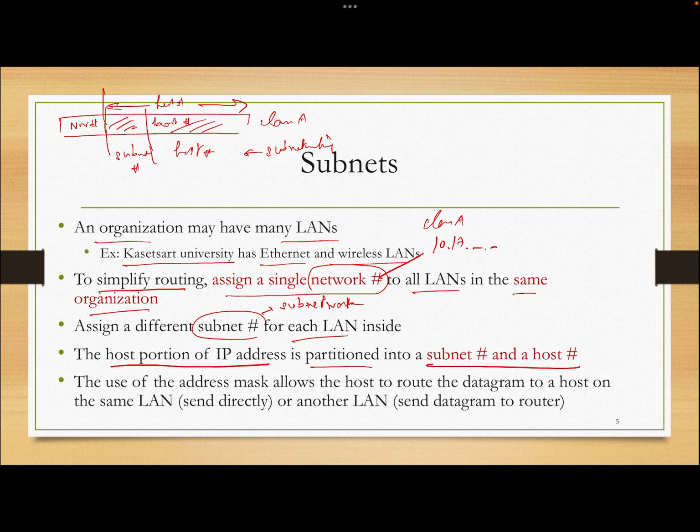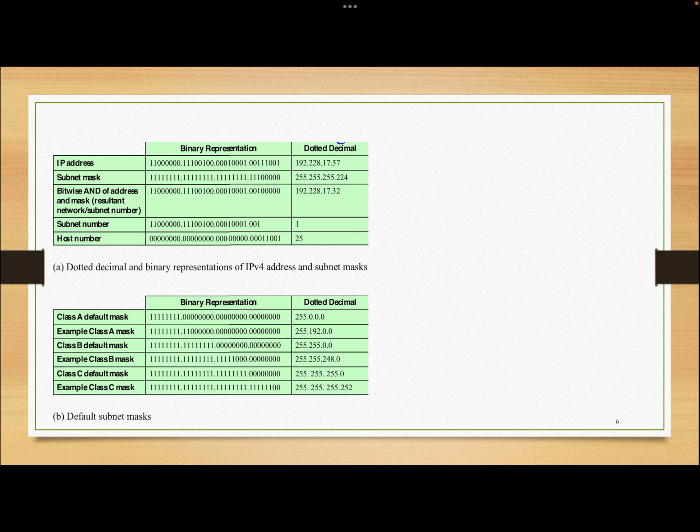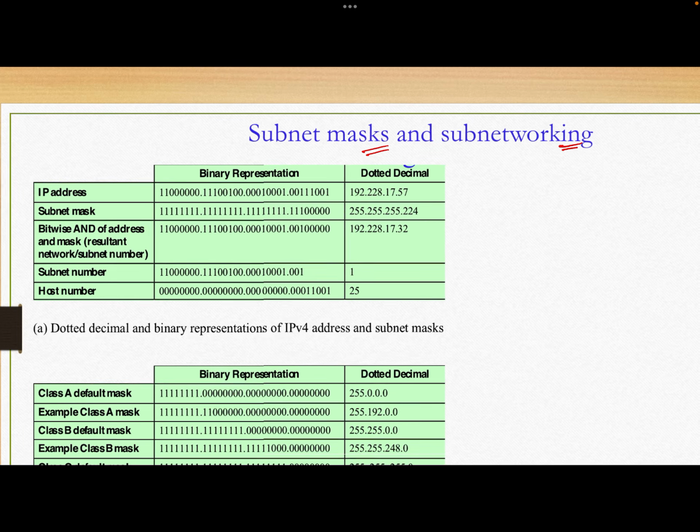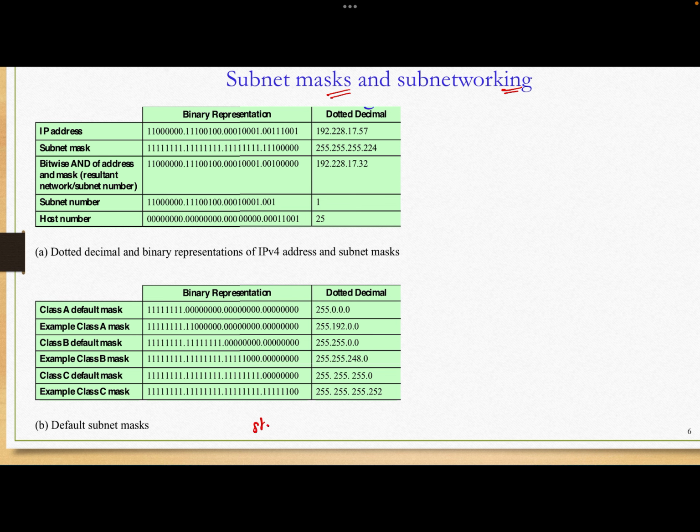The use of the address mask allows the host to determine whether the destination is in the same LAN or in another LAN. We talked about the address mask here. You can see that the mask and the subnetworking come together. This is from the Stallings book.